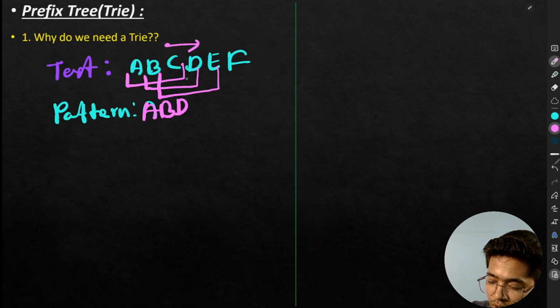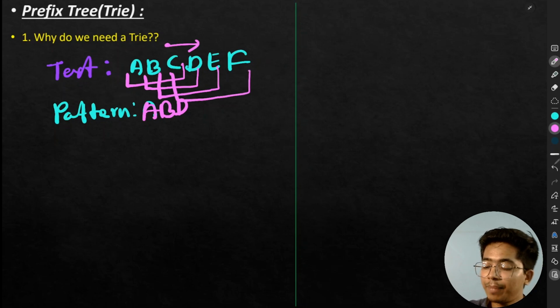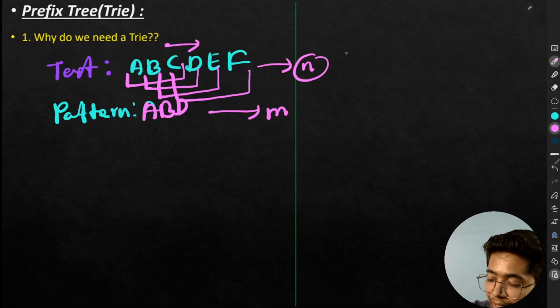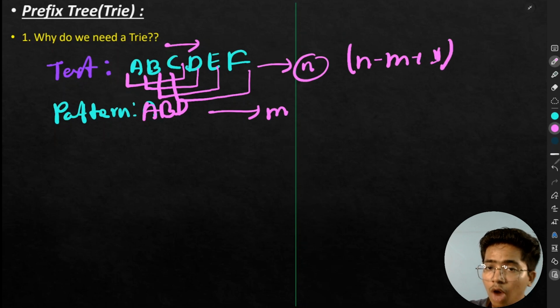Again they are not matching, so we'll move again. After this we will stop. Let's say the length of the text is n and the pattern length is m. So we will be comparing n minus m plus 1 times. For how many times will we be comparing? n minus m plus 1 times.